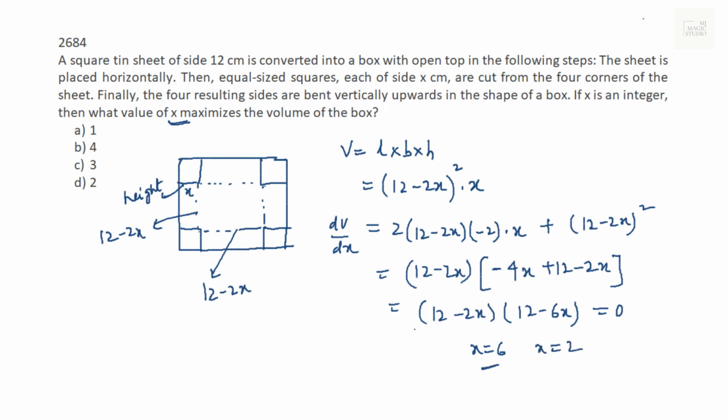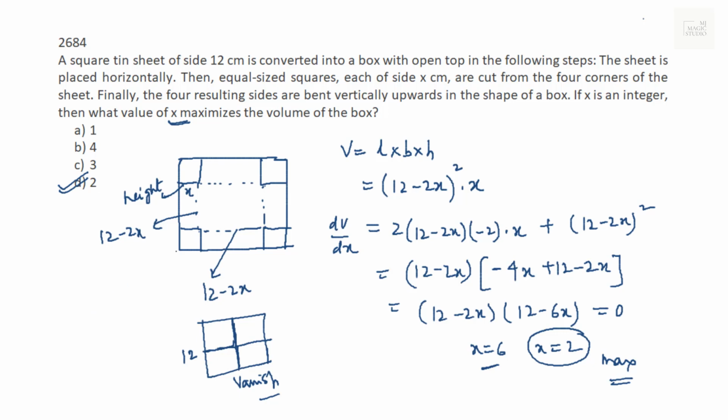Now just look, if we take x equals 6, then this is a 12 centimeter box, and if I take x as 6, the entire box would vanish. That means x can't be equal to 6. If I take x equals 2, volume would be maximum. Value of x is equal to 2.